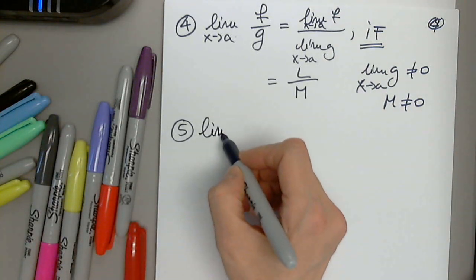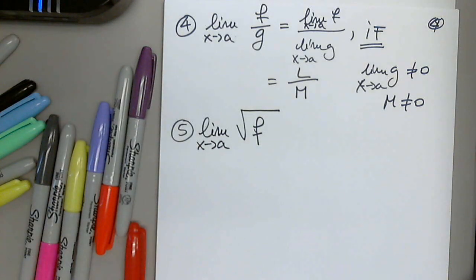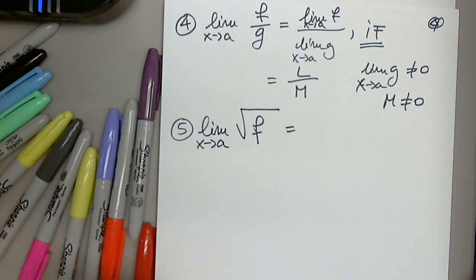Let's look at the limit of the square root of a function f as x approaches a. What will you say? I want to emphasize something extremely important here. I could have emphasized it on other limit laws, but this is the first one that is very important.